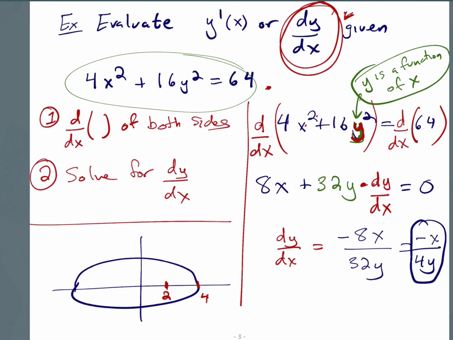If I told you, what's the slope of the tangent line at x equals 2, what would you say? Which one? That's why you need an x and a y. Because at x equals 2, there's this point on the ellipse and there's this point on the ellipse. So it's vague. That's why you would need both an x value and a y value to say what the slope of the tangent line is. Does that make sense?